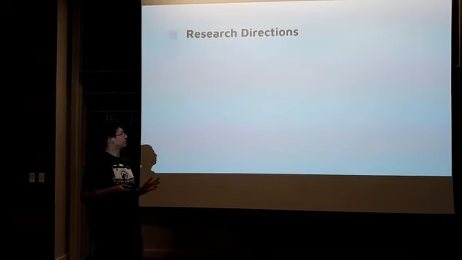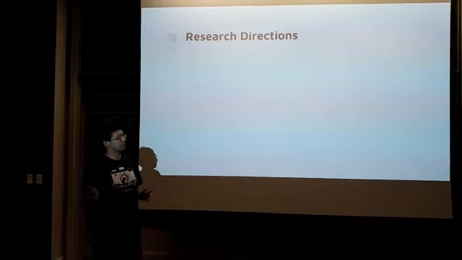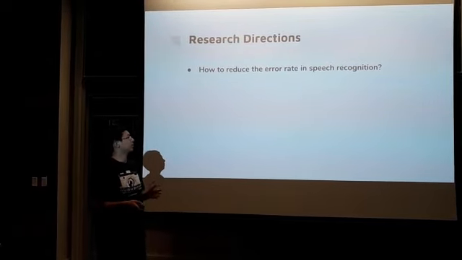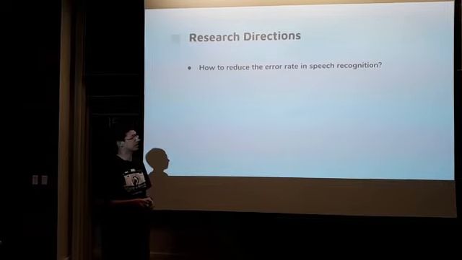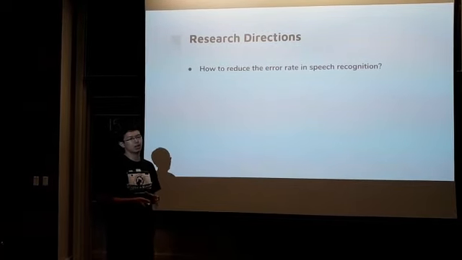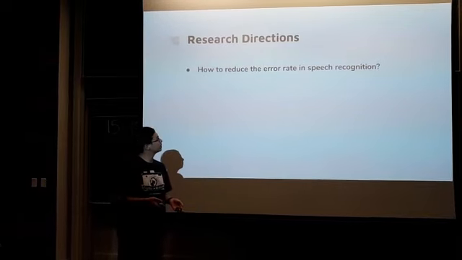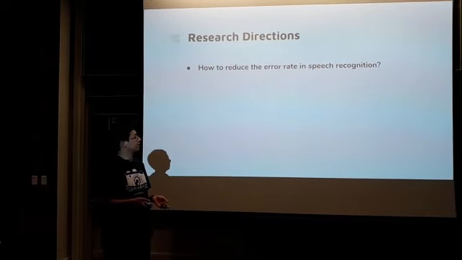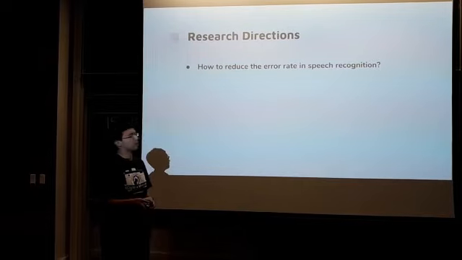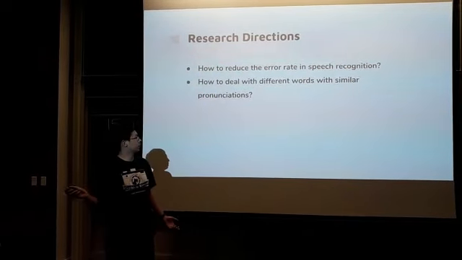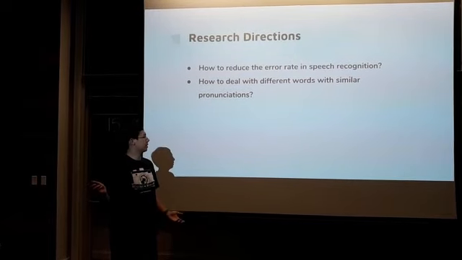Okay, so what are some of the research directions for speech processing? Well, first of all, it is always better to have more accurate speech recognizers, so a good goal is to reduce word error rate. Currently, a good speech recognizer can reach about 10% word error rate, but we can certainly do much better. And second, what to do with different words with similar pronunciations.